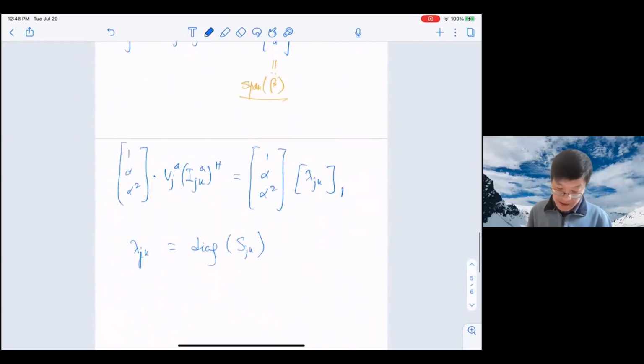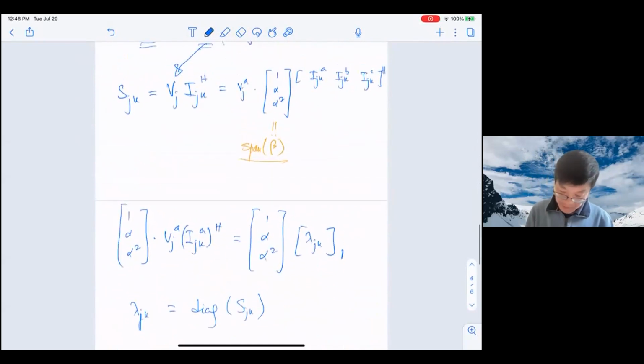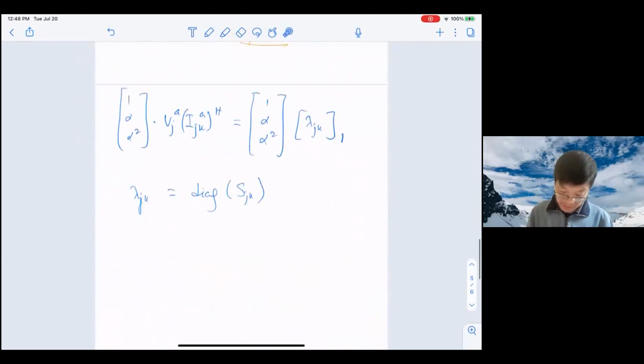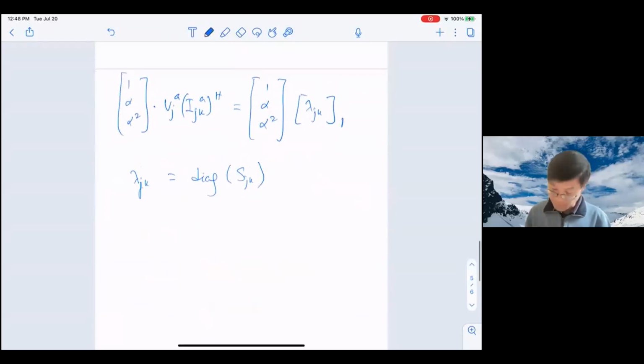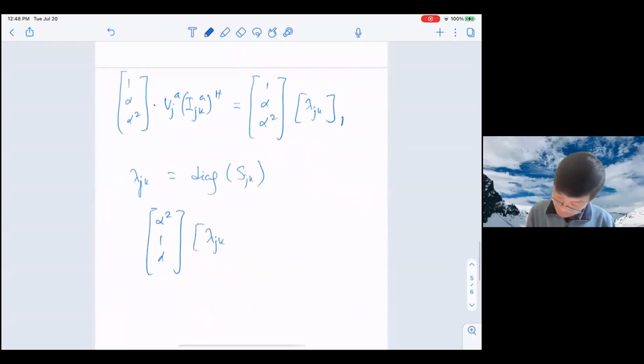Similarly, if you look at the second column, which is this multiplied by this scalar times this, you massage it a little bit, you will conclude that the second column will be of the form alpha square 1 alpha times the second off diagonal entry. And similarly for the third column.